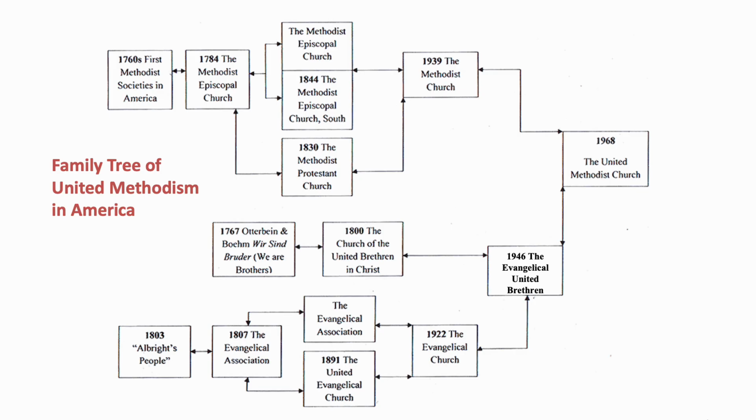After a 1939 three-way merger with the Methodist Episcopal Church and the Methodist Protestant Church, our denomination became simply the Methodist Church. In 1968, after a merger with the Church of Evangelical United Brethren, our denomination became the United Methodist Church.